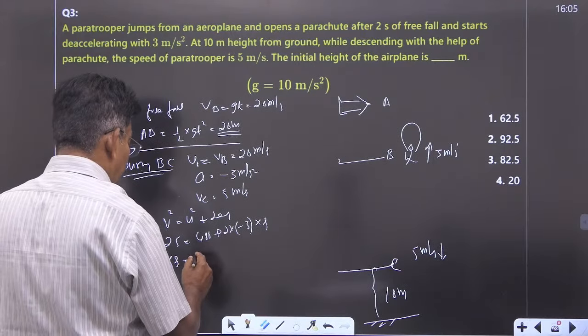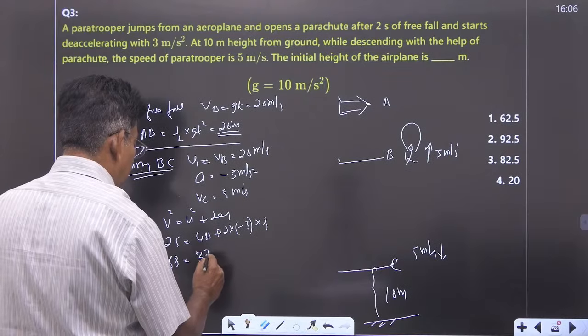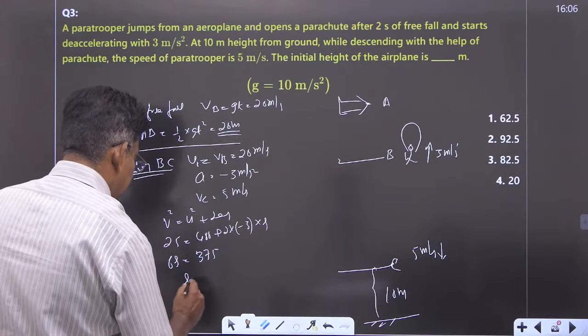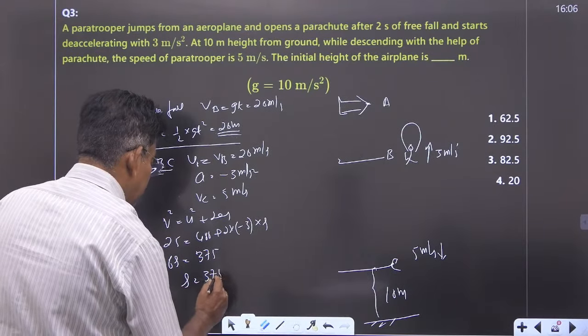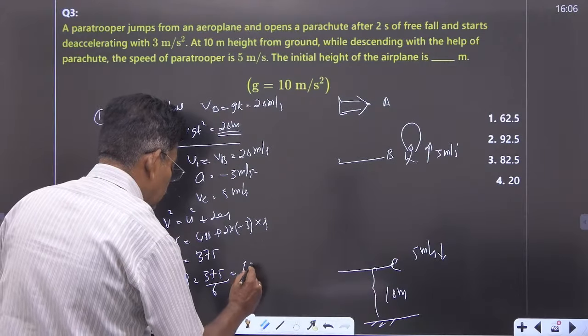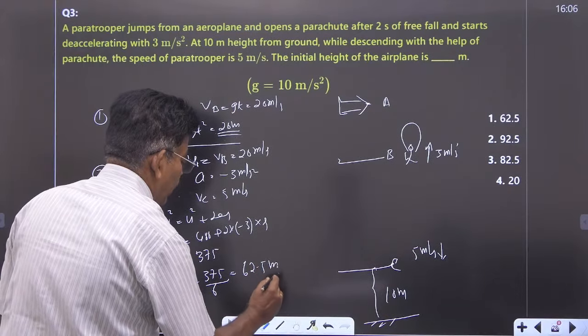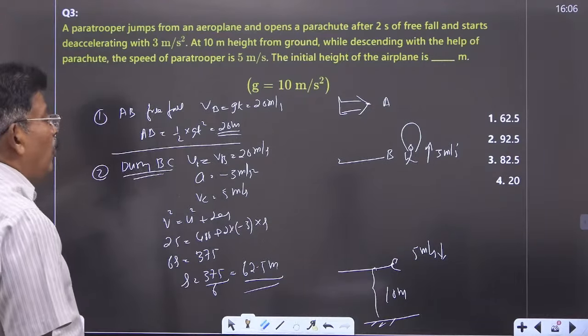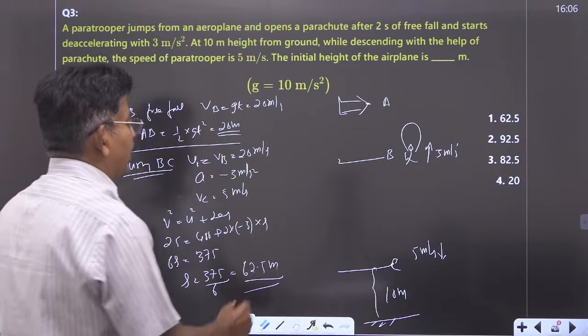This is coming to be 375. Therefore, S is 375 by 6, which is 62.5 meter.